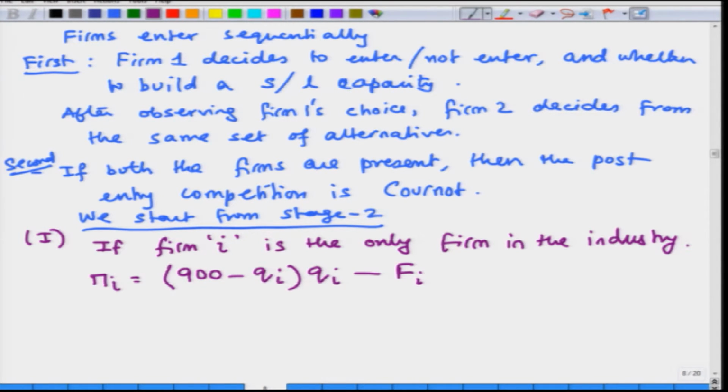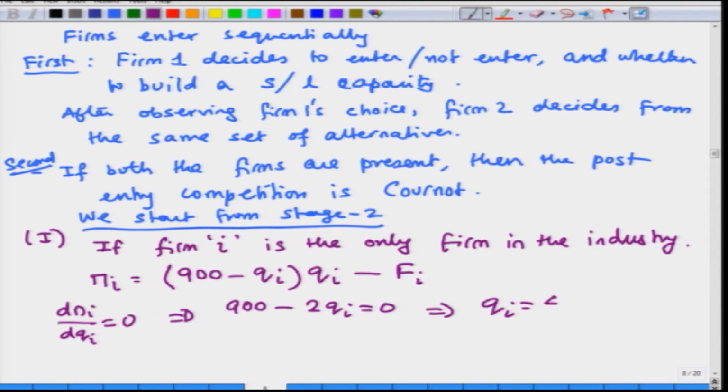Now, the output choice of firm i is going to be obtained by setting d pi i by d Qi equal to 0, which essentially means 900 minus 2 Qi equal to 0. So, the monopoly choice of output Qi star is essentially 450, which then implies that the price Pi is going to be 900 minus 450, which is also 450. So, the profit of the firm i is price times quantity, the total revenue.